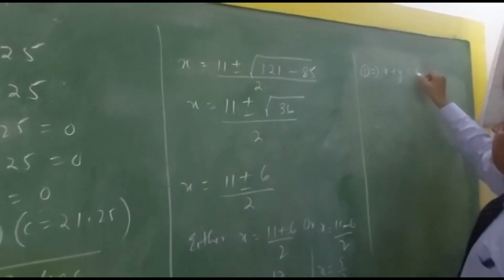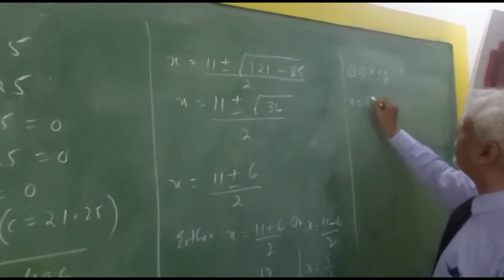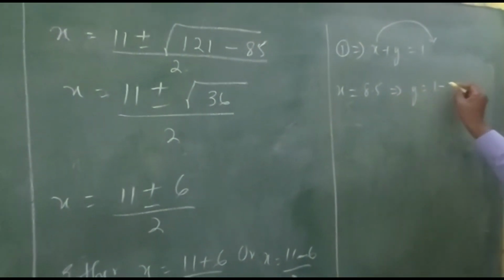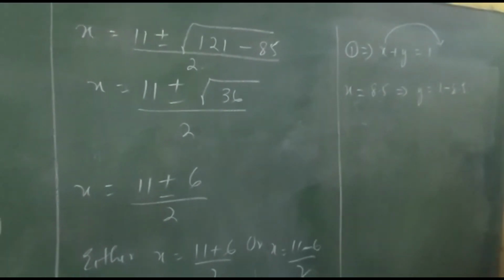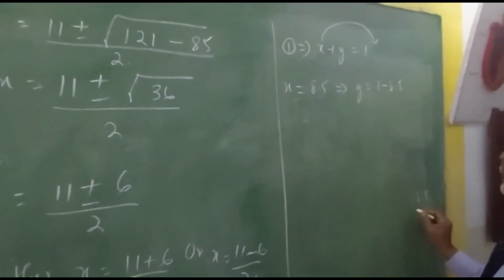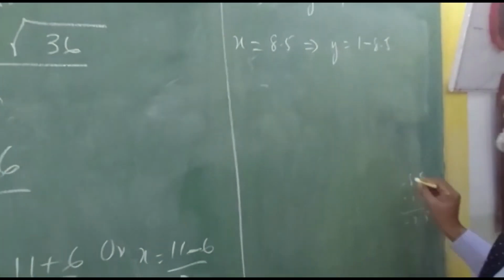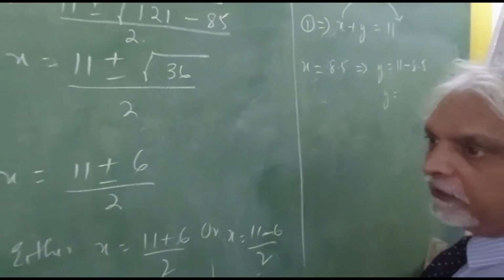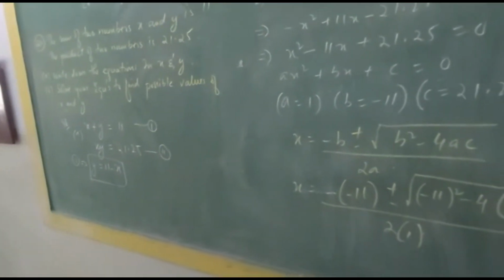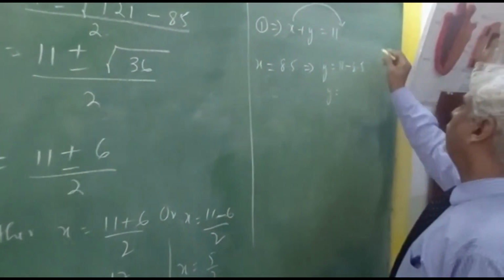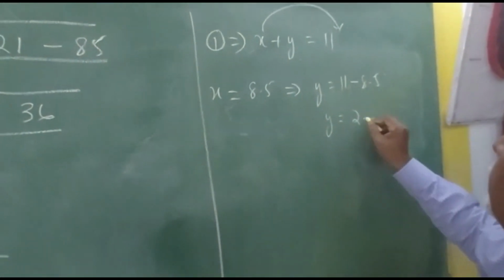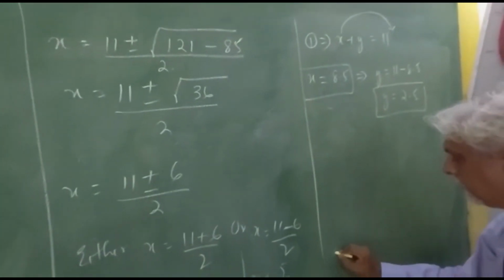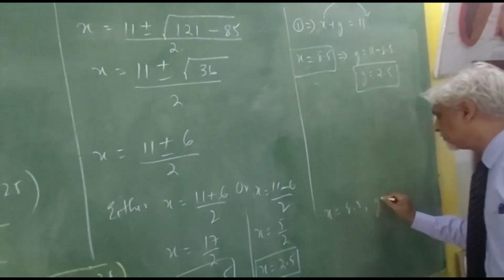Now if we take x equal to 8.5, what will be the value of y? y is equal to 11 minus 8.5, which gives you 2.5. So when x is 8.5, y is equal to 2.5.